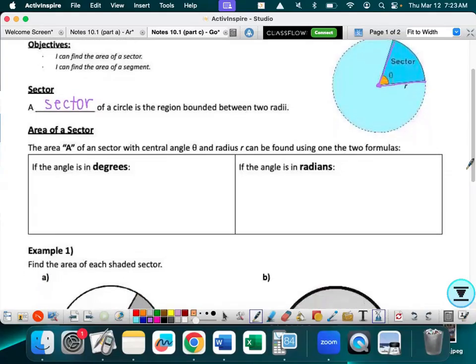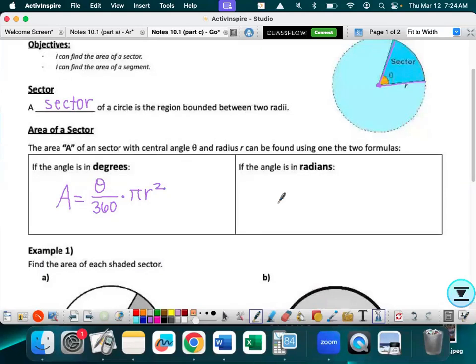To find the area of a sector, you need two pieces of information. You need your central angle theta, and you need your radius r. If your angle is in degrees, the area formula is A equals theta divided by 360 times pi r squared.